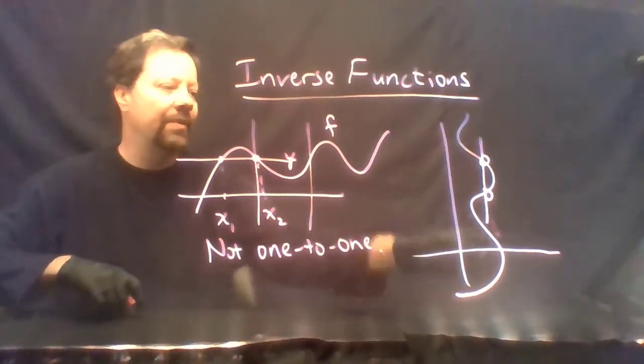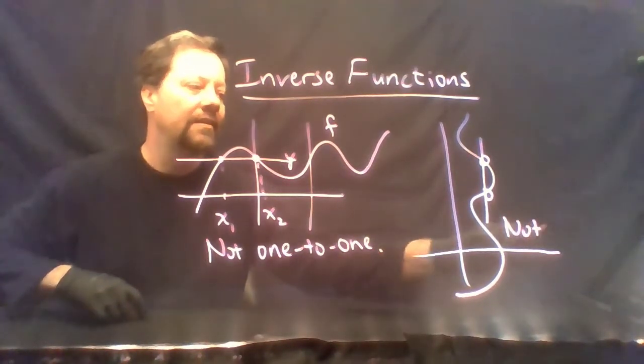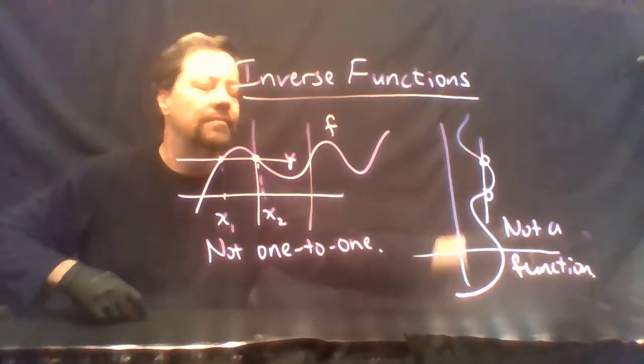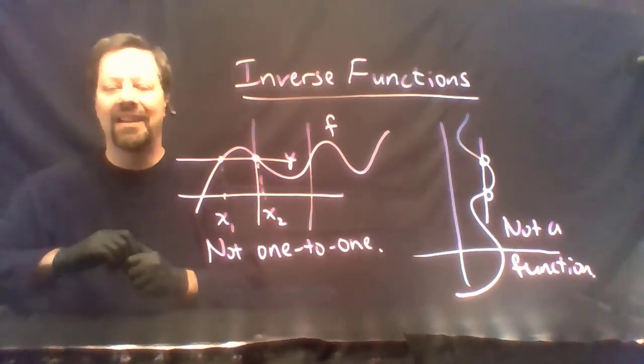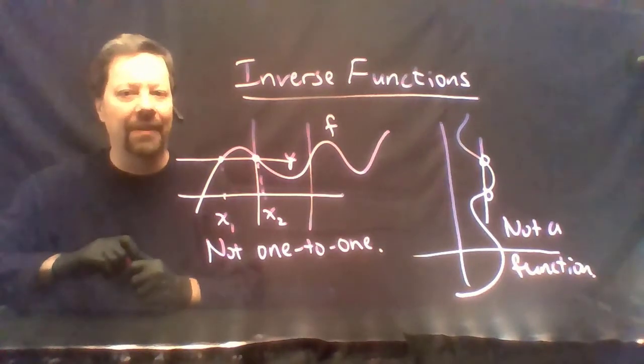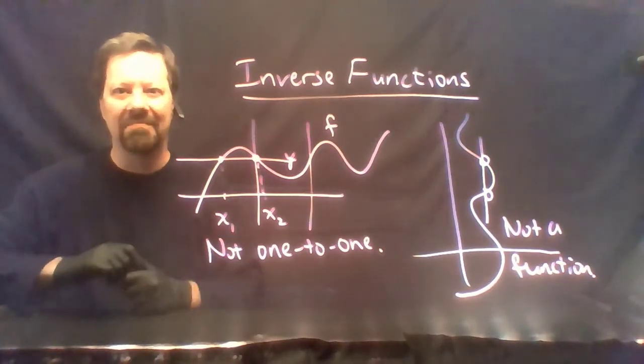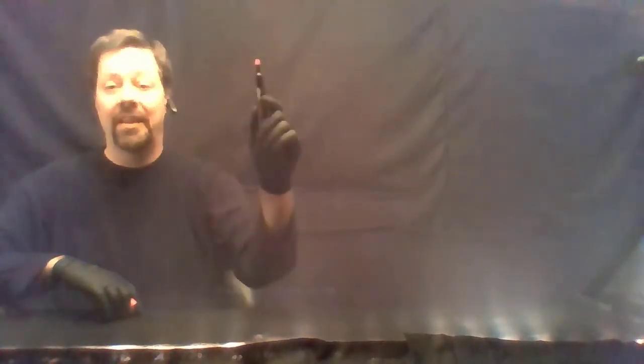Its inverse relation is not a function. A function will have an inverse function if and only if it is one-to-one. If a function has an inverse function, that inverse is unique.